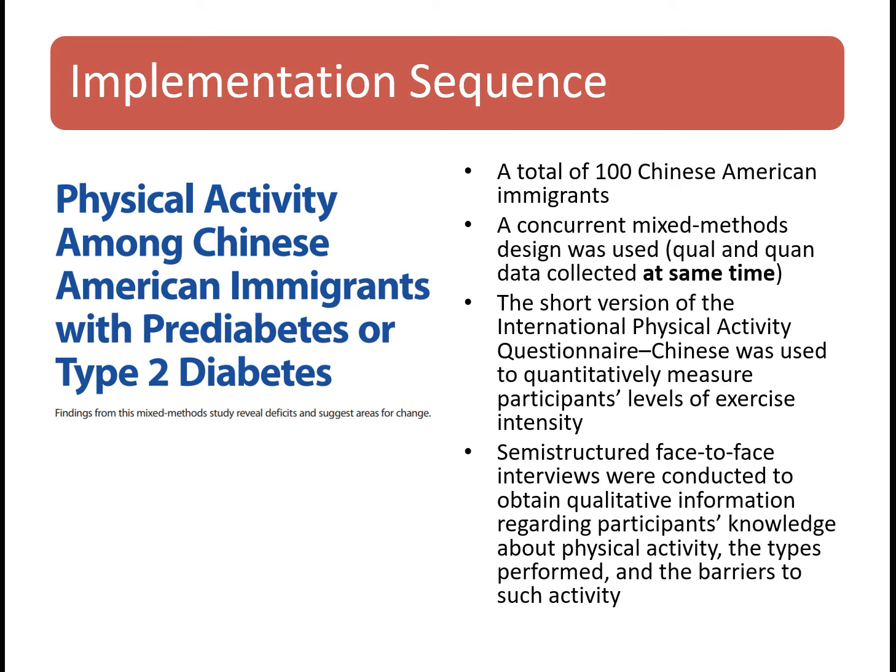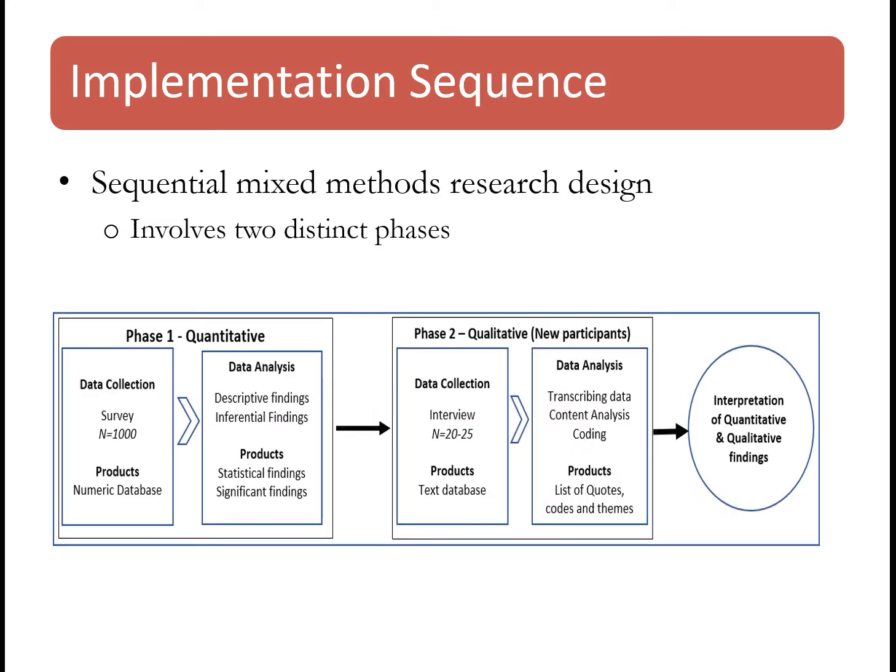So that's concurrent, same time. Then there's sequential, which involves two distinct phases. This could be, for example, phase 1 quantitative and then phase 2 qualitative.